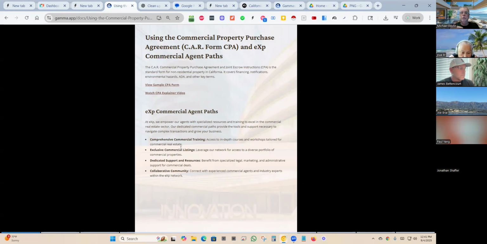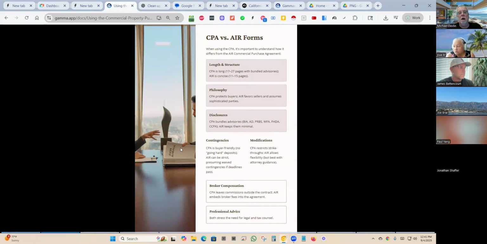And so they use a system called A.I.R. If you were joining eXp's commercial division, you would get, as part of your monthly cloud fee, access to all the A.I.R. forms.